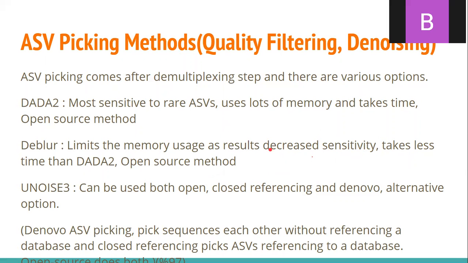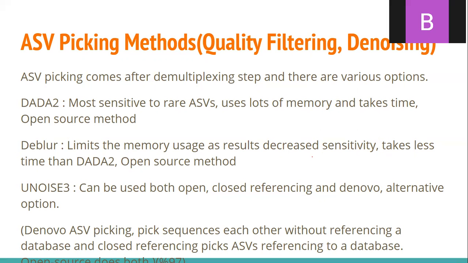All of these together are open source methods. What is an open source method? The sequences are first checked against the reference for detection of the amplicon sequence variants. If not found in the reference database, they are then compared to each other de novo.